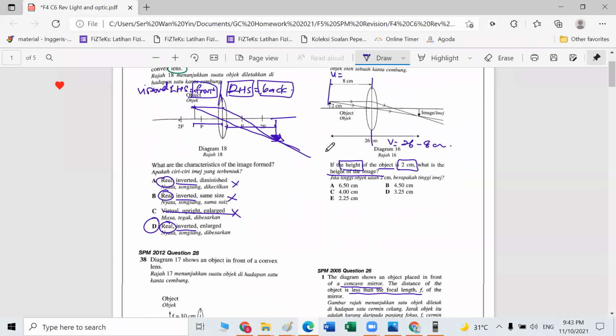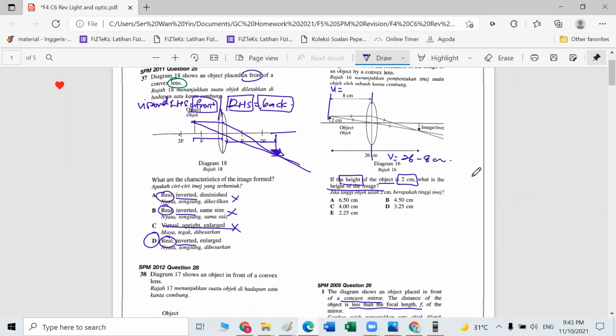This one we need to use magnification. Same as your maths. Magnification is image height divided by object height.